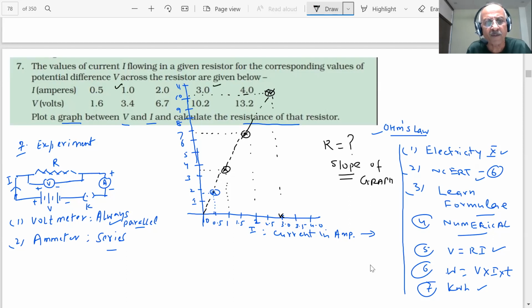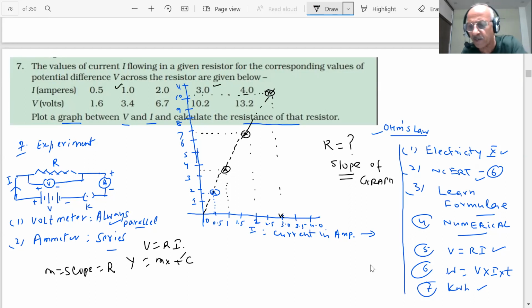What is Ohm's law? V is equal to R into I. So y is equal to mx plus c is the equation of a straight line. The slope m is equal to R.